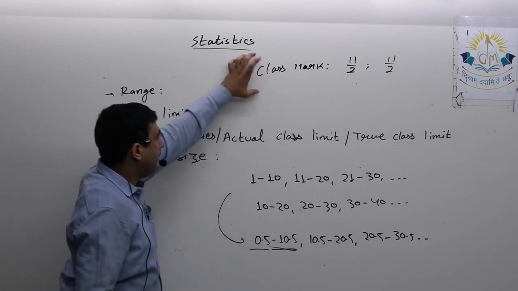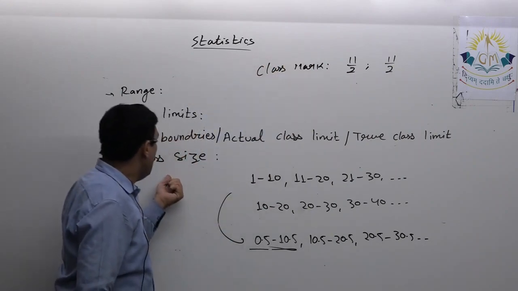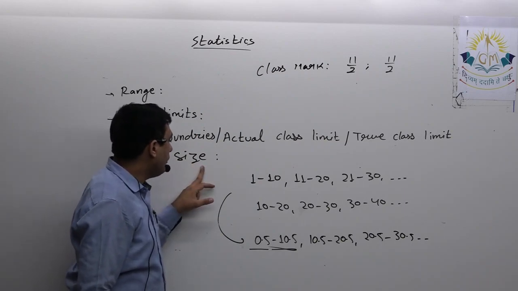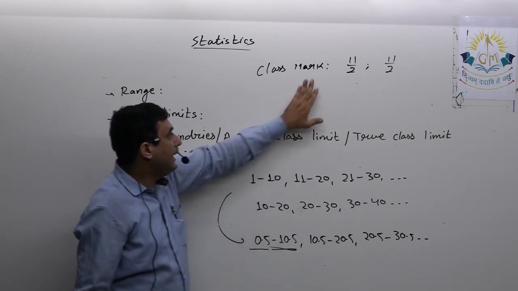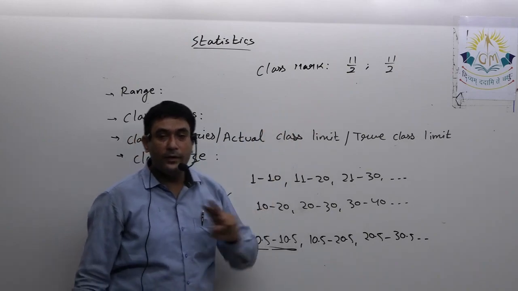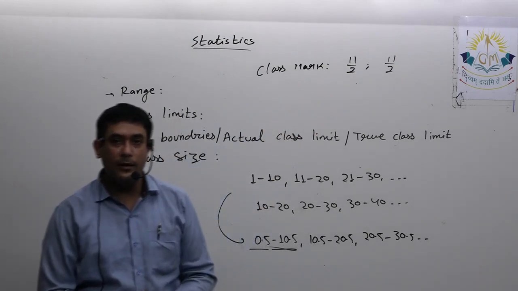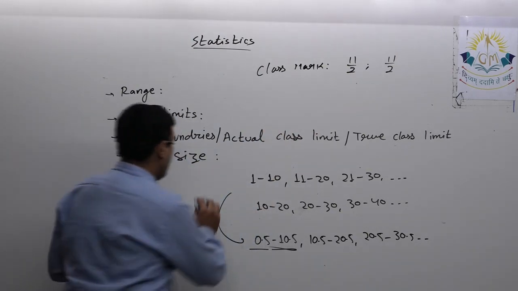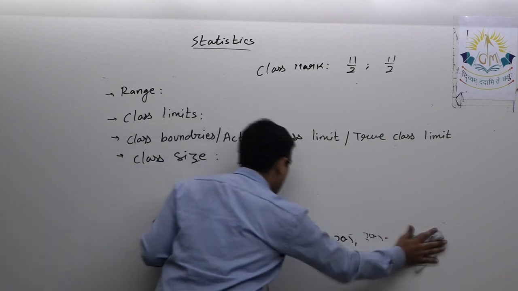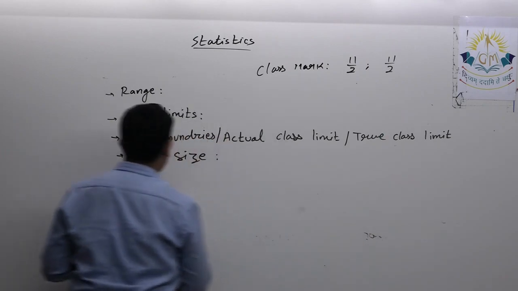So why did I discuss class mark? Because class size also can be found with the help of class mark. The difference of two consecutive class marks is called the class size. So here let me write that class size.